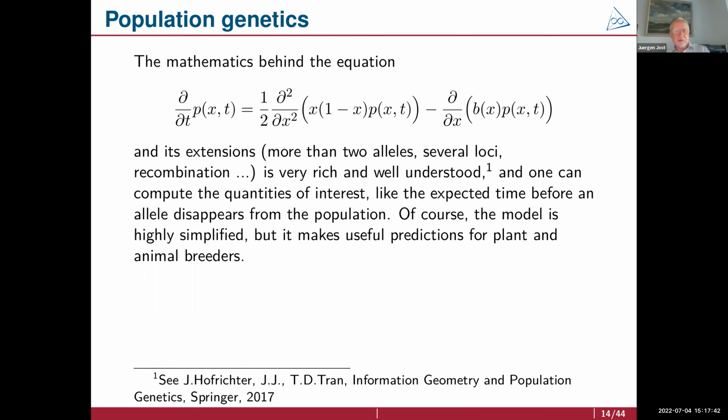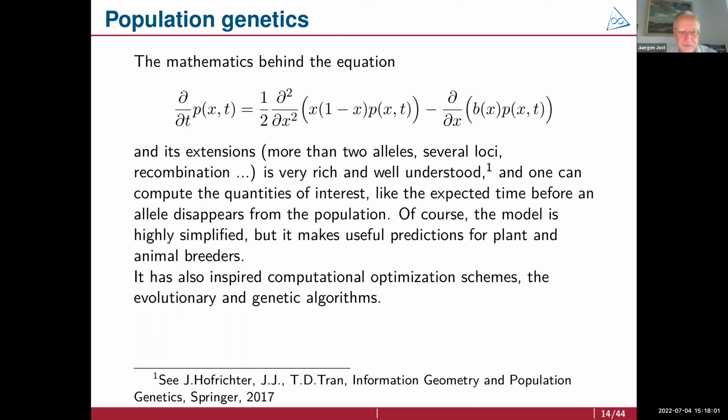The model is very simplified. And of course, the actual biological data are rather noisy and may not completely fit into the model, but nevertheless, it makes very useful predictions for plant and animal breeders. So that is some of the history. But in more recent time, it has also inspired computational optimization schemes, the so-called evolutionary and genetic algorithms.